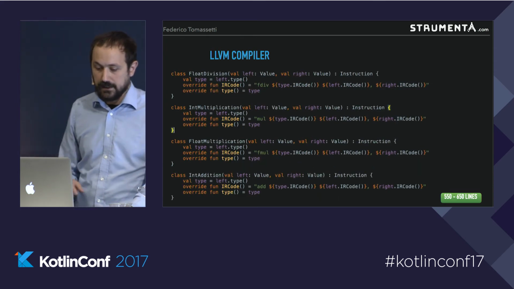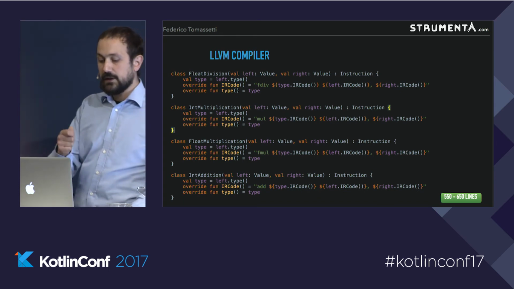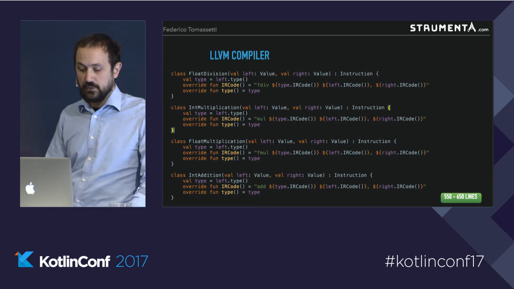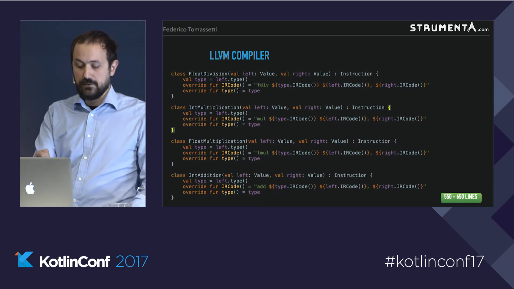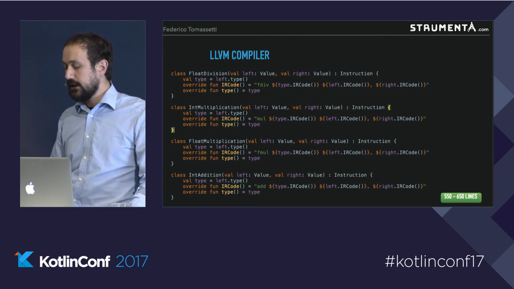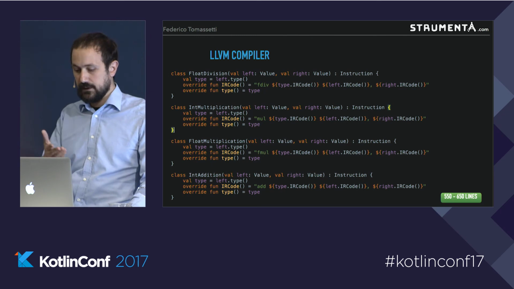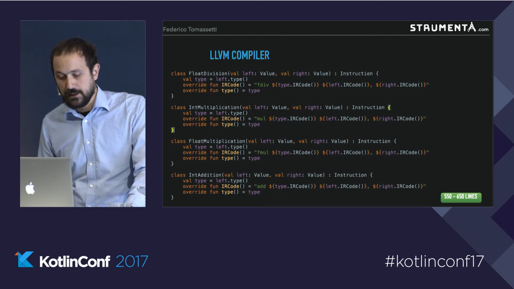You can see that we can consider the first one, the float division. The code that I need to generate for a float division will be the keyword fdiv, followed by the type. I use it to specify if I am using single precision or double precision, because I'm operating on floating point numbers.